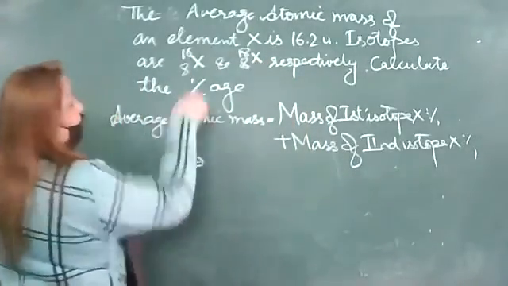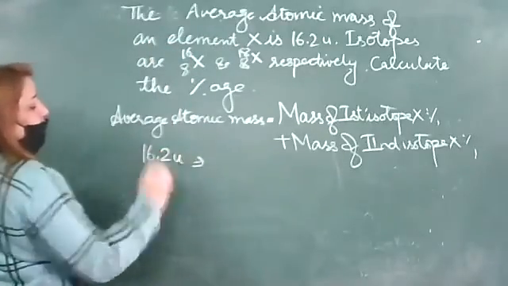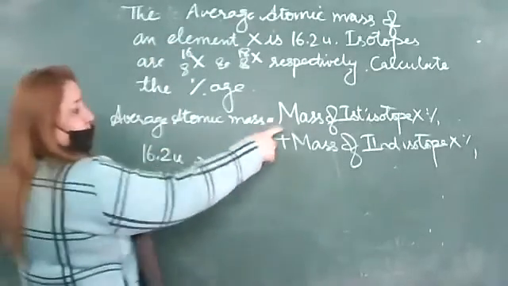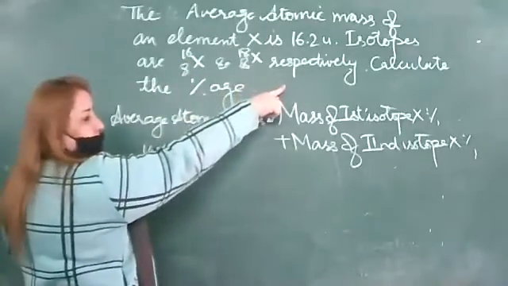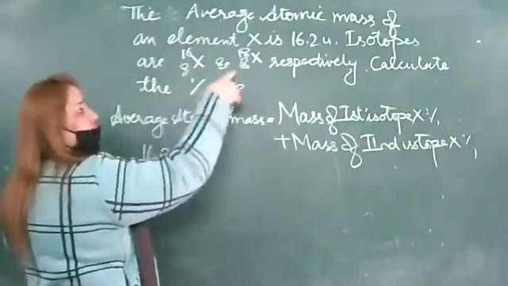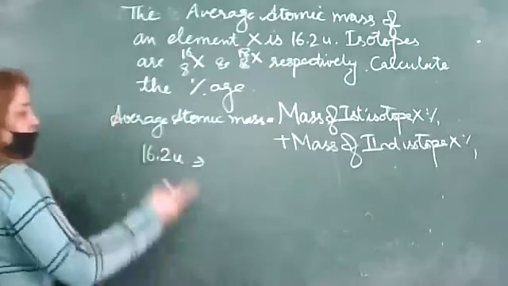What is the average atomic mass? That is given, 16.2 U. Mass of first isotope: again I am repeating, the word respectively is given, that means you have to take this as first and this as second.